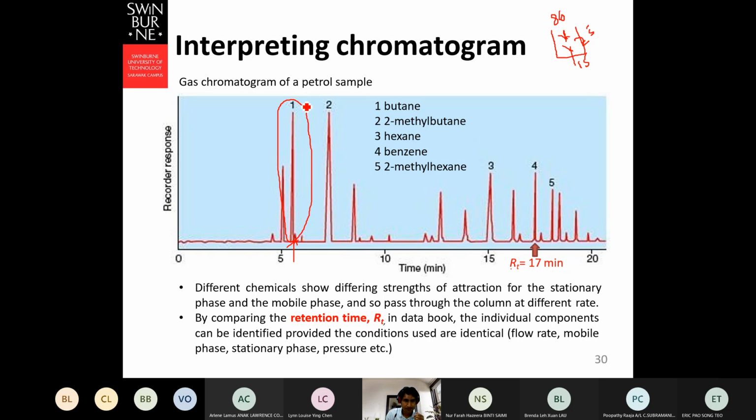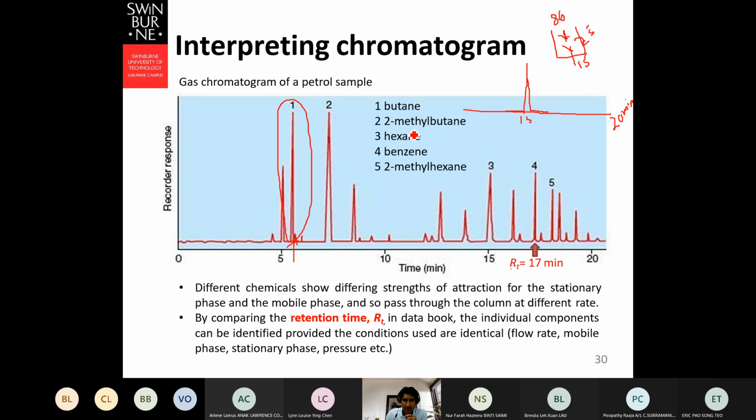Let's say that I have done the standard run for 20 minutes, and at the 15th minute on my standard, I got a peak. Because I have only one component in my standard sample, I will get only one peak, right?